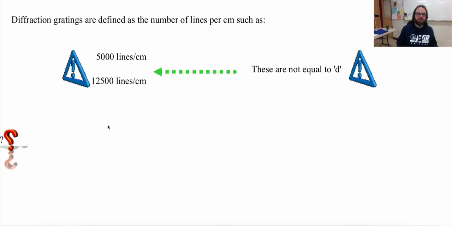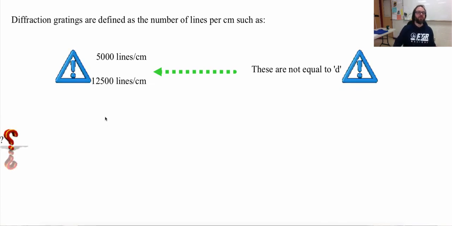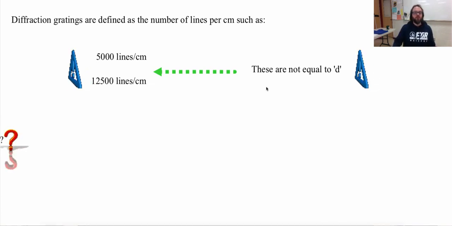So, diffraction gratings are defined as the number of lines per centimeter. Notice how this isn't per meter, it is lines per centimeter. So, these are not equal to D. If I have 5,000 lines per centimeter, that is not the same thing as 5,000 centimeters.